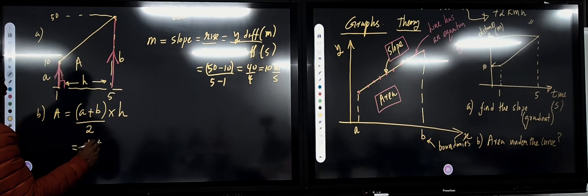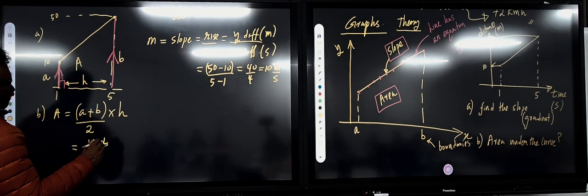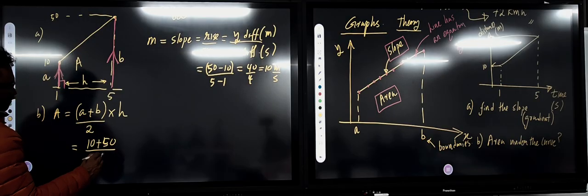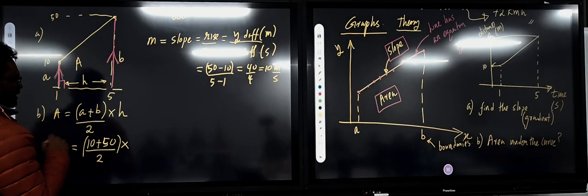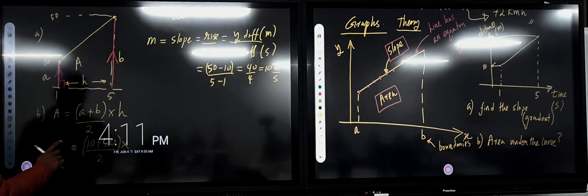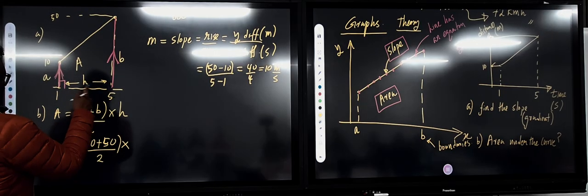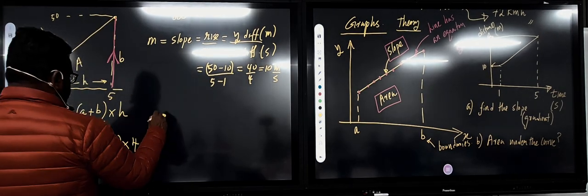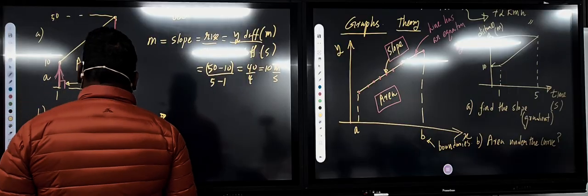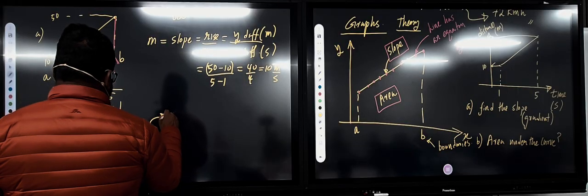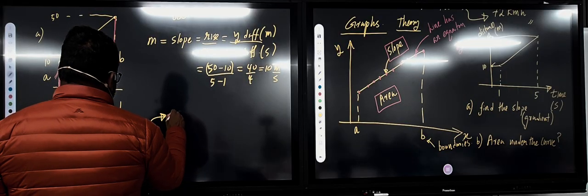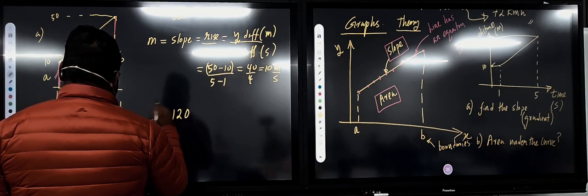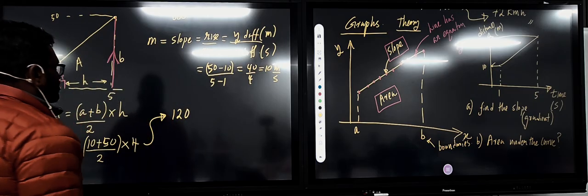So 10 plus 50, divided by 2, multiplied with H. H is 4, right? So if you do this calculation, you get 60 divided by 2, 30, 30 times 4, 120. What is the unit?